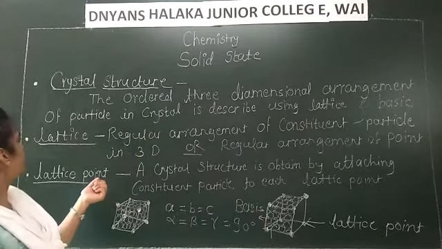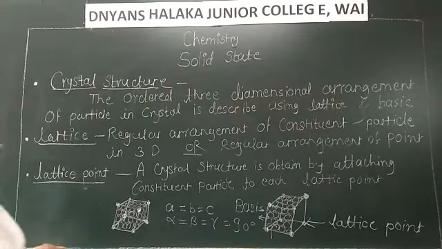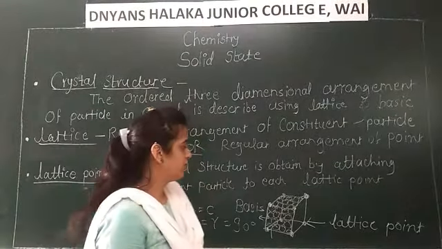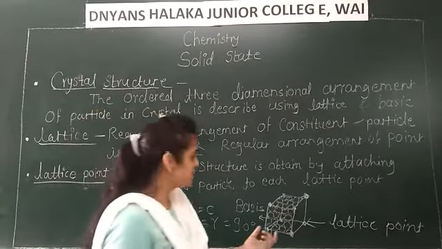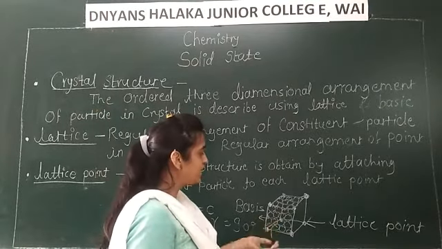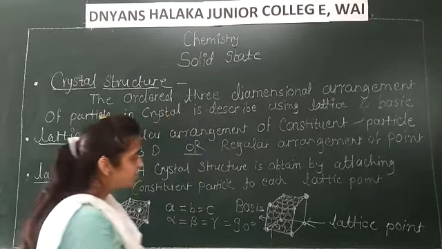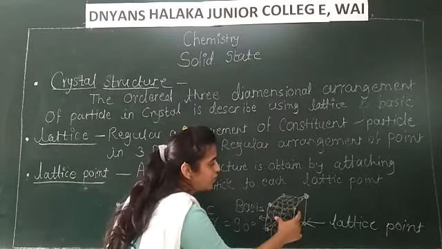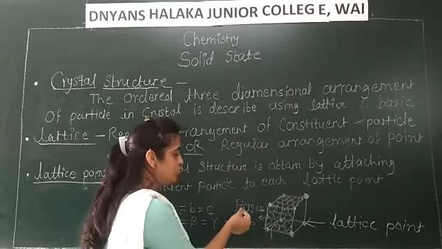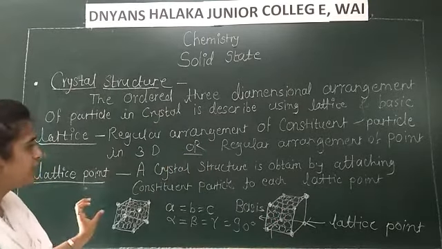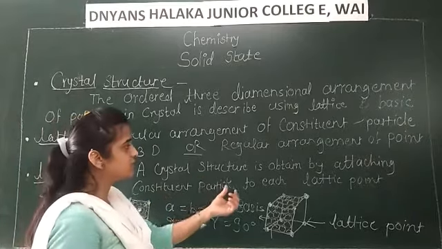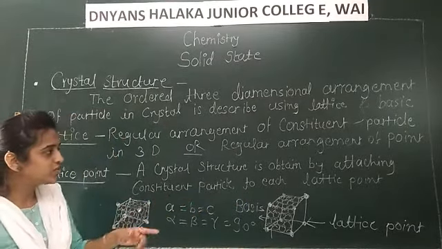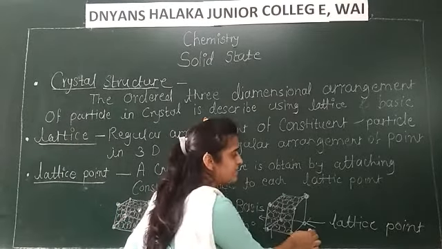So basis definition: basis means constituent particles are strongly attached with each other and constituent particles are fixed in the box or cube. So it is known as basis. So next, lattice point. We already studied a crystal structure is obtained by attaching constituent particles to each other. So this point is known as lattice point.